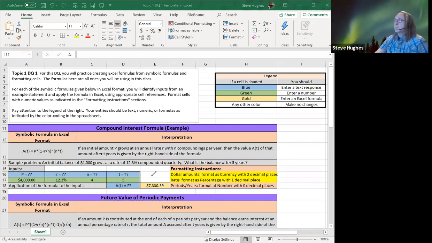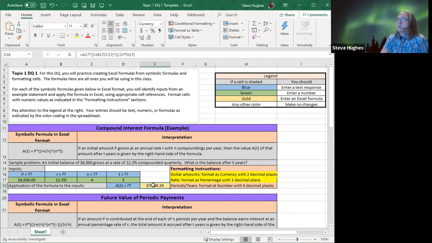Now in cell E18, let me get my mouse back here. Cell E18, that's right here. It says, let's figure out what the value of A of T is.